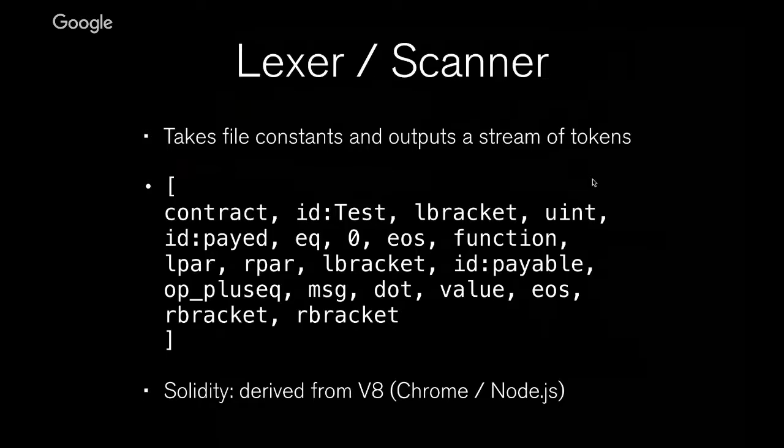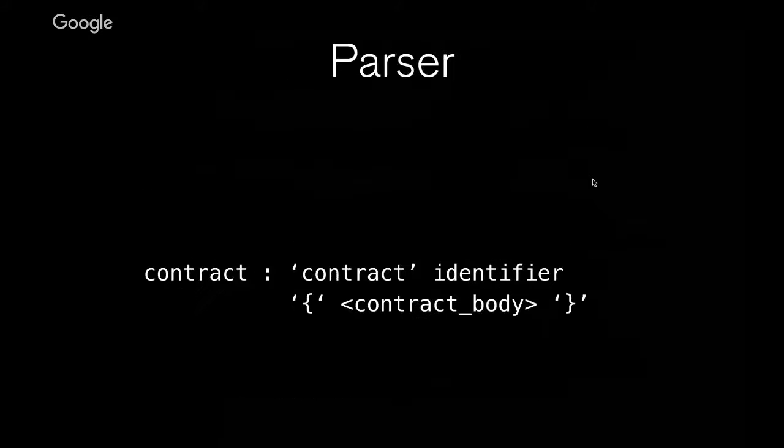The Solidity lexer is actually taken from the V8 code that runs Chrome and Node.js. So if there were any doubts about what's the inspiration for the Solidity syntax, it's obviously derived from JavaScript. They took the lexer and replaced everything else.